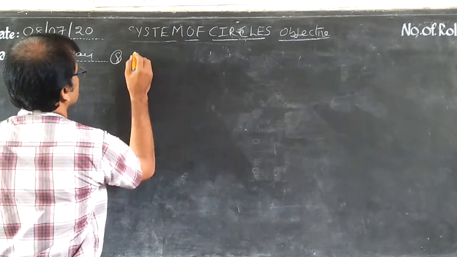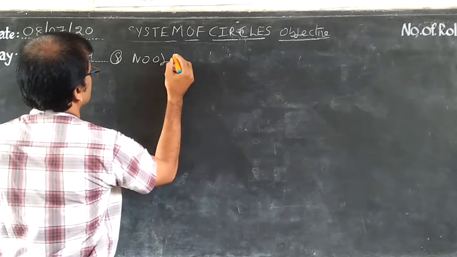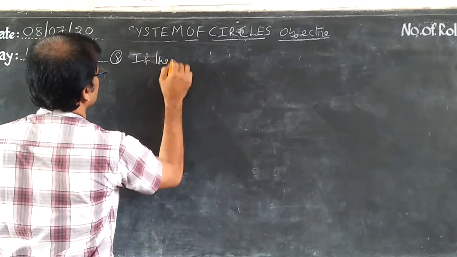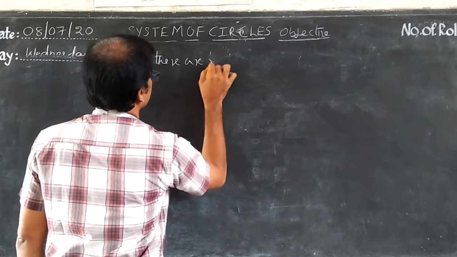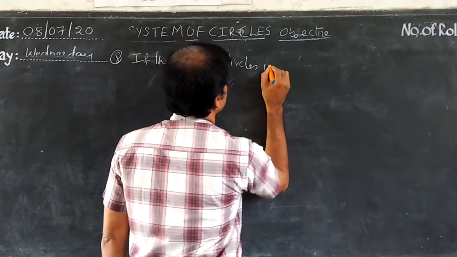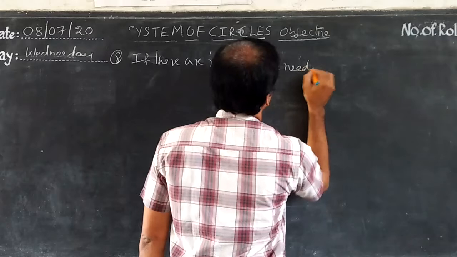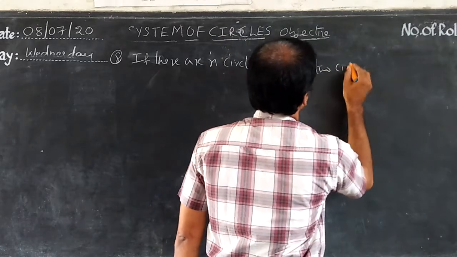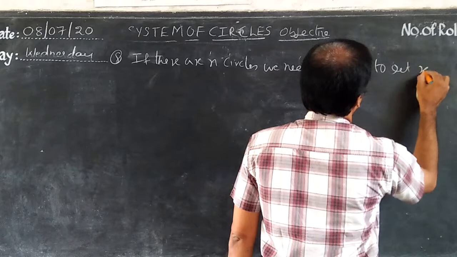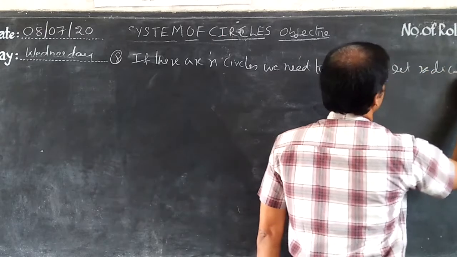Eighth formula. If there are n circles, we need two circles to get a radical axis.